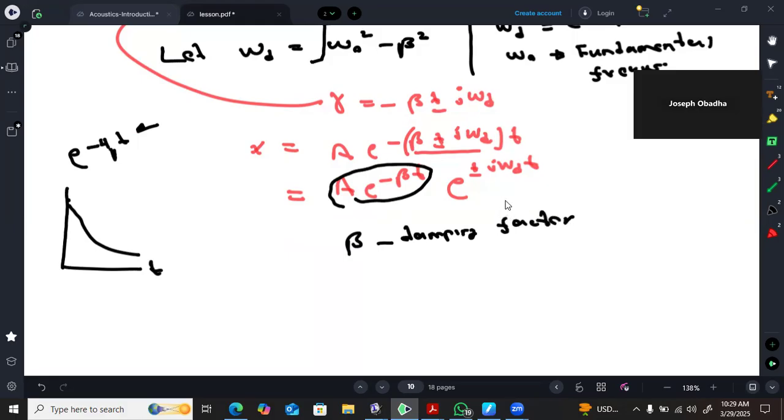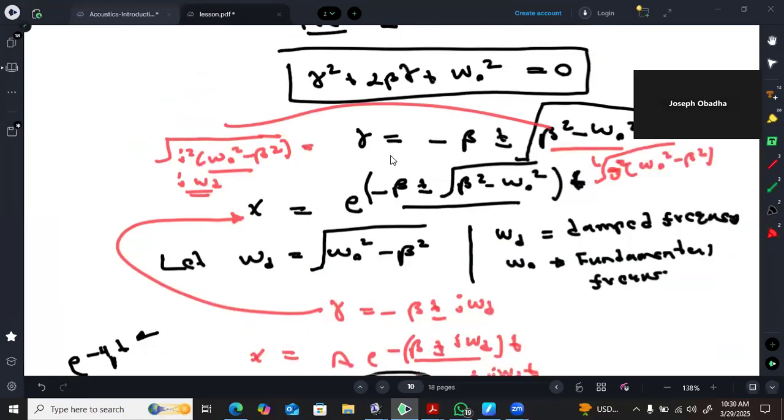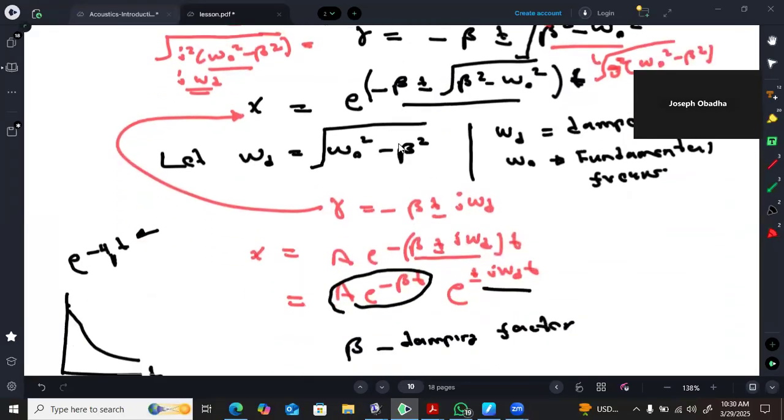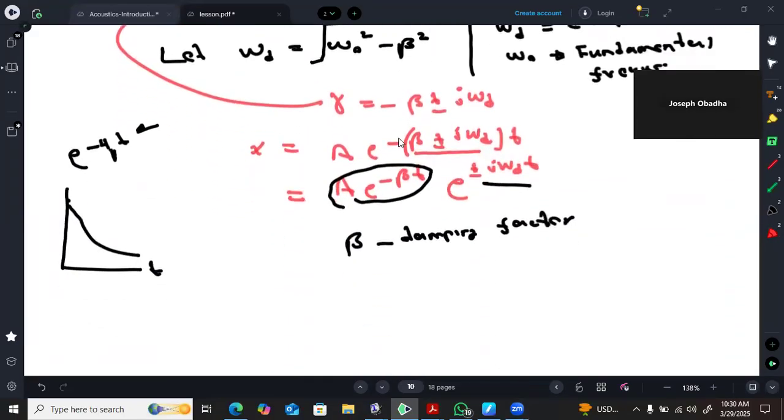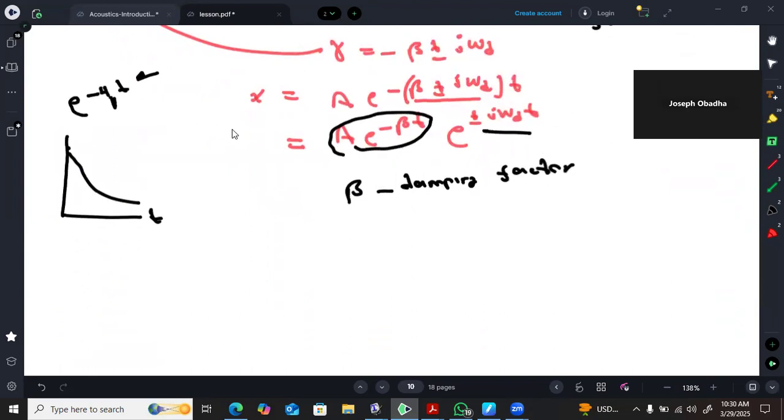And here we have a damped frequency. Because what this means is that if we didn't have any damping, then the oscillation would be such that we just have a constant amplitude, and the frequency of oscillation would be omega naught.